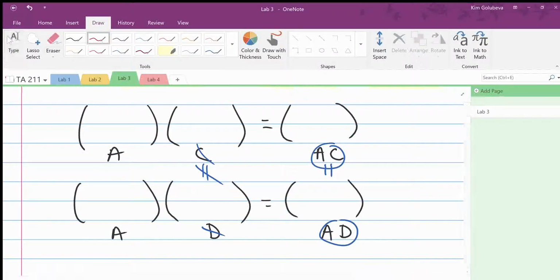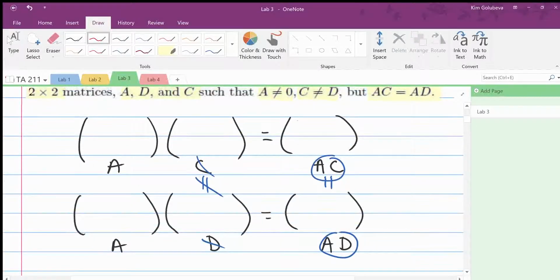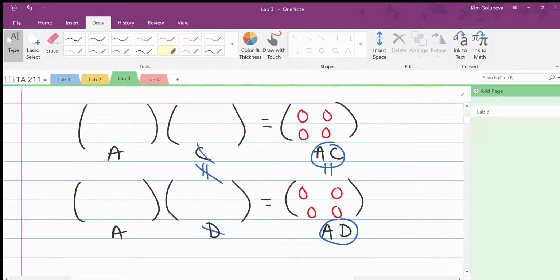Okay, and an easy way to approach these type of problems is to set AC and AD to 0. So they're both the 0 matrix.